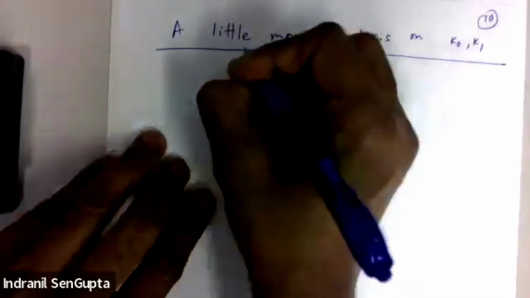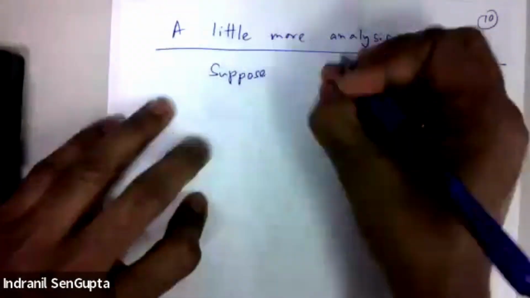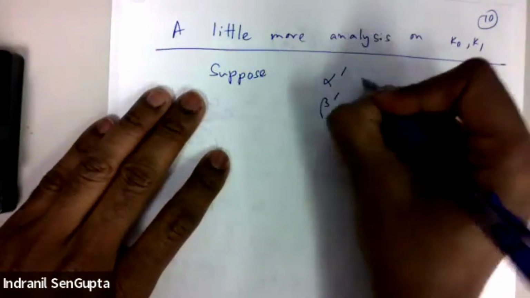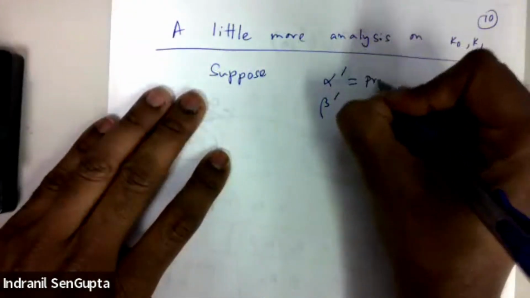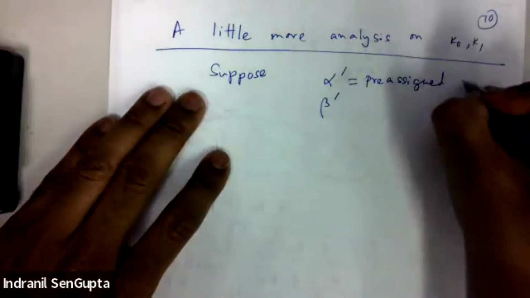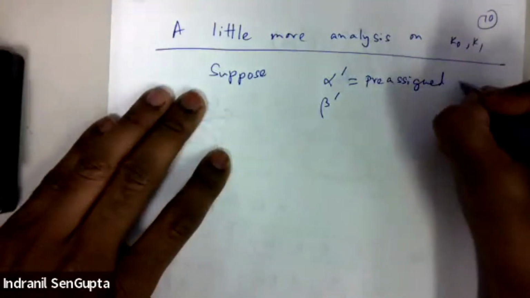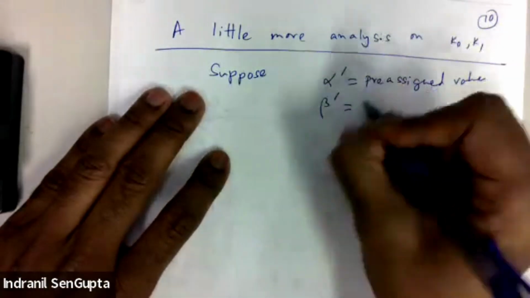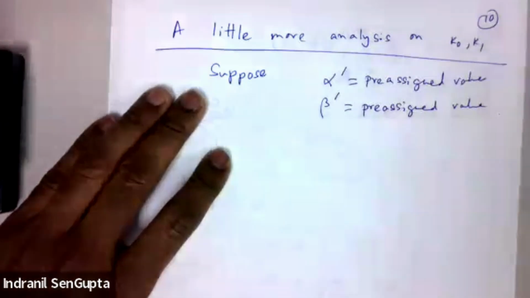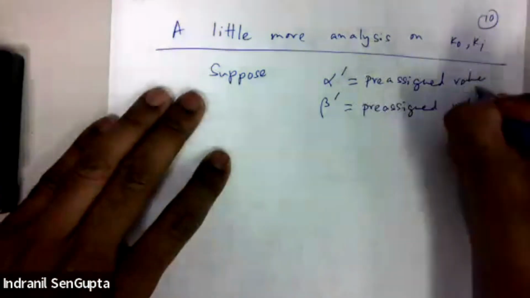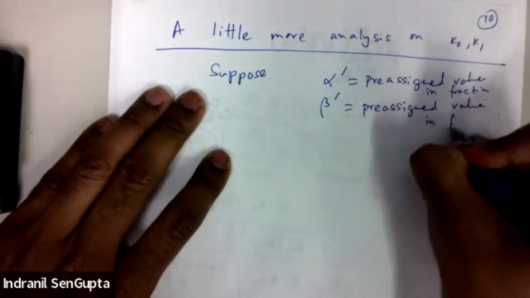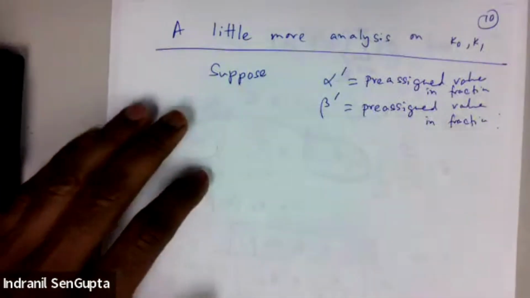So suppose that alpha prime and beta prime are the pre-assigned proper fraction of alpha, and this is also the pre-assigned value in fraction, meaning it's a number between 0 and 1.